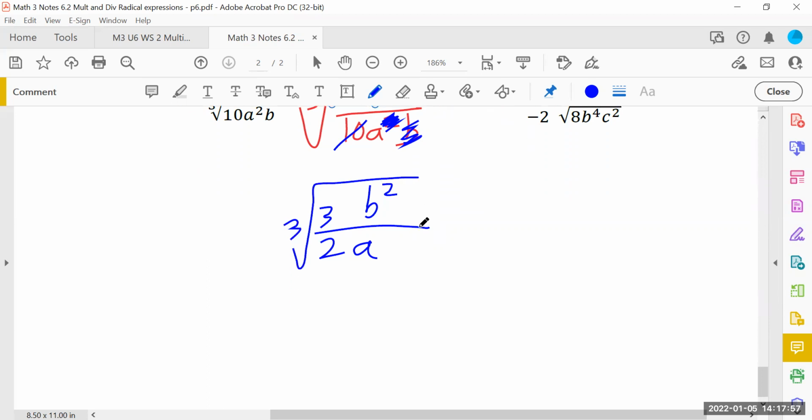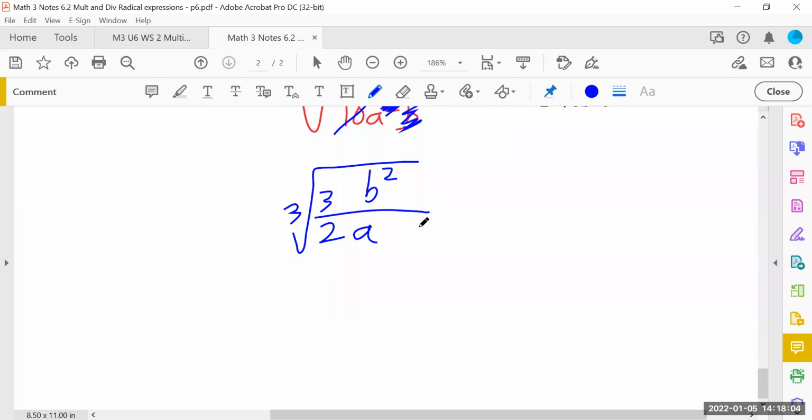The problem is I can't leave it like that. I can't leave fractions inside my cube root, so I'm going to break it up. Let's actually go kind of work this way. Cube root of 3b squared over the cube root of 2a. And then I'm going to multiply top and bottom by whatever I need to make that bottom reduce. Right now it's a 2 and an a, one of each. It's a cube root.